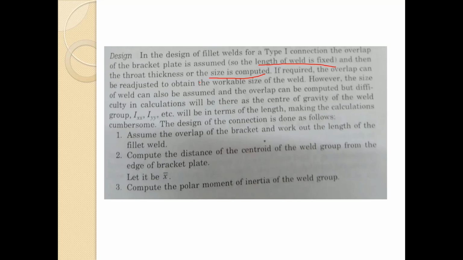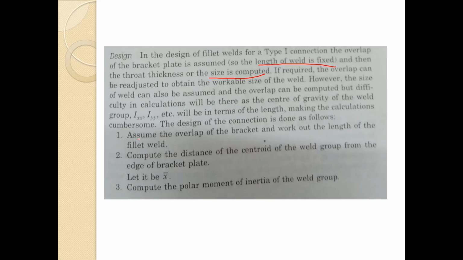If we assume the size of the weld, we will face difficulty calculating the center of gravity of the group and even Ixx and Iyy of the weld itself. So it is quite difficult. Instead, this method is quite easy: the length of weld is kept fixed and then the size can be computed.